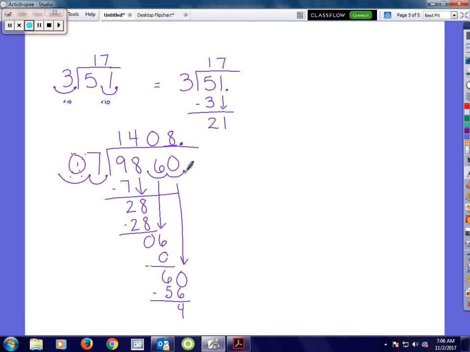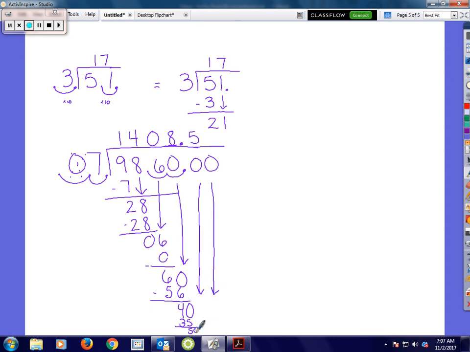So after this decimal, I'm going to add 2 zeros. Kind of think like money. So 2 places after the decimal. So now I'm going to bring down a 0. 7 goes into 40 5 times. It's 35. 5.